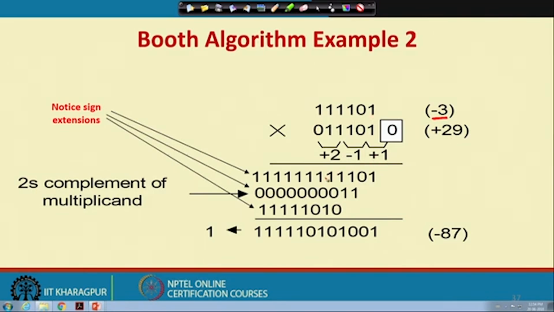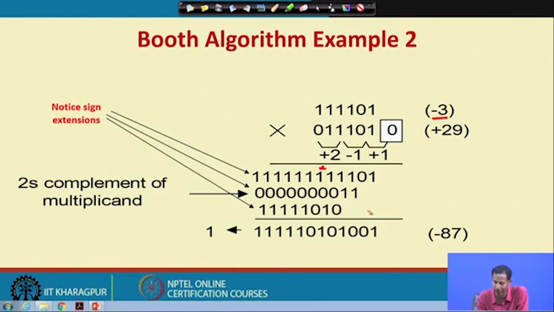For minus 3, as this bit is 1, that has been extended up to this. In the previous case as this bit was 0, 0 was extended, but in this case 1 is there, so 1 is extended. For minus 1, the 2's complement of this will be this. As this is 0, 0 is extended at this particular position. Again for plus 2, 0 is padded, and apart from that all the 1s are extended because this is minus 1 now.